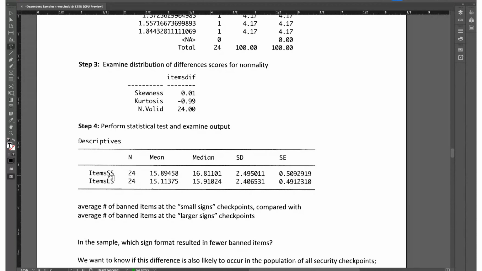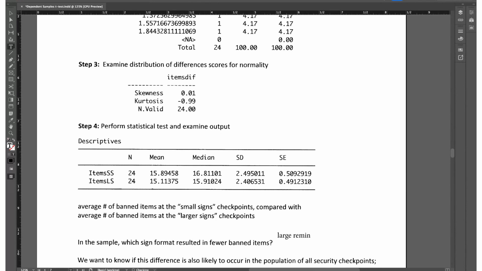The SS stands for small signs, and then LS is large signs. And recall that our unit of measurement is in thousands. So we see that the large signs resulted in fewer banned items. So let's put that here.